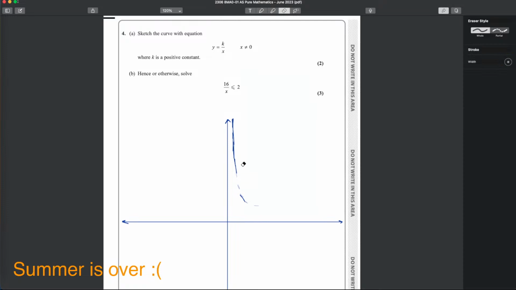Okay, let me do this a bit better. No problem. This is really hard on this notepad. Okay, I'm going to have to do it like this.